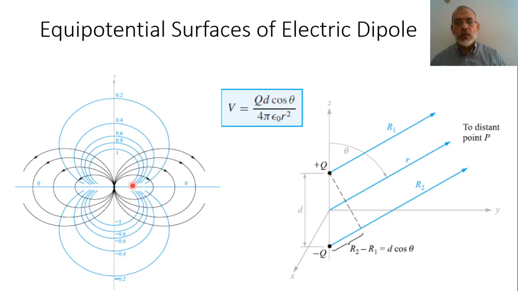And if we draw the potential for different values, we can note that the potential of the xy plane is always 0.